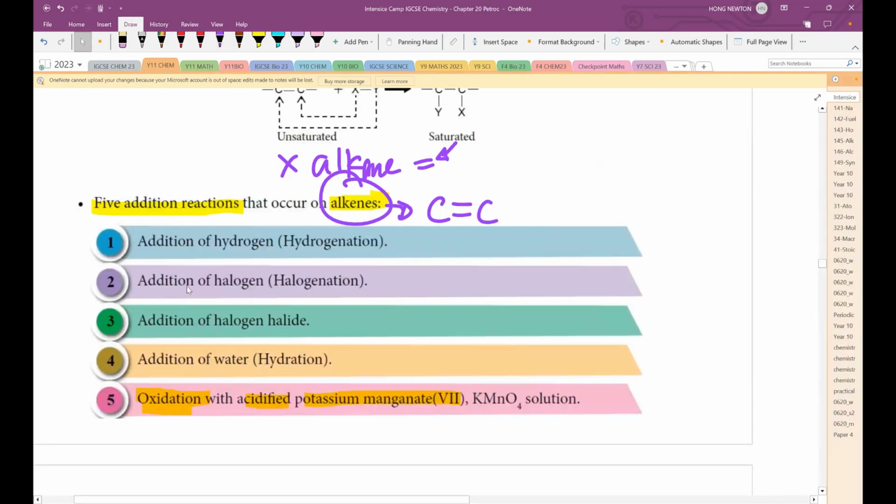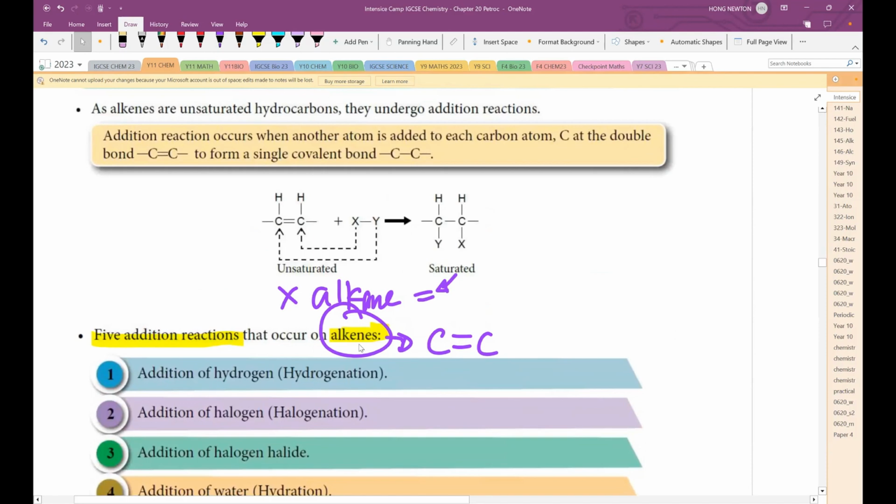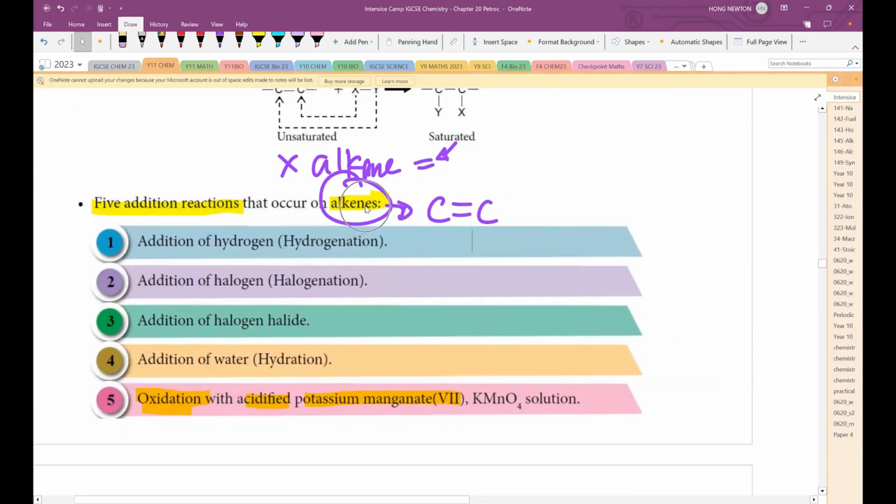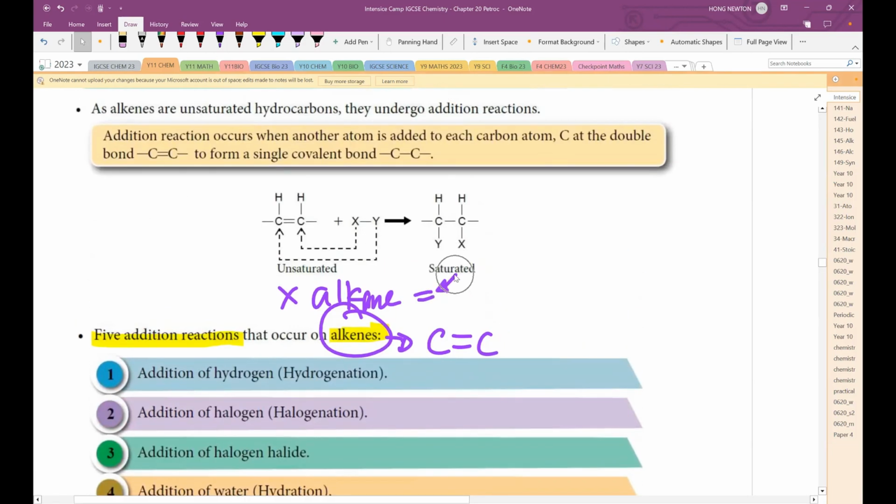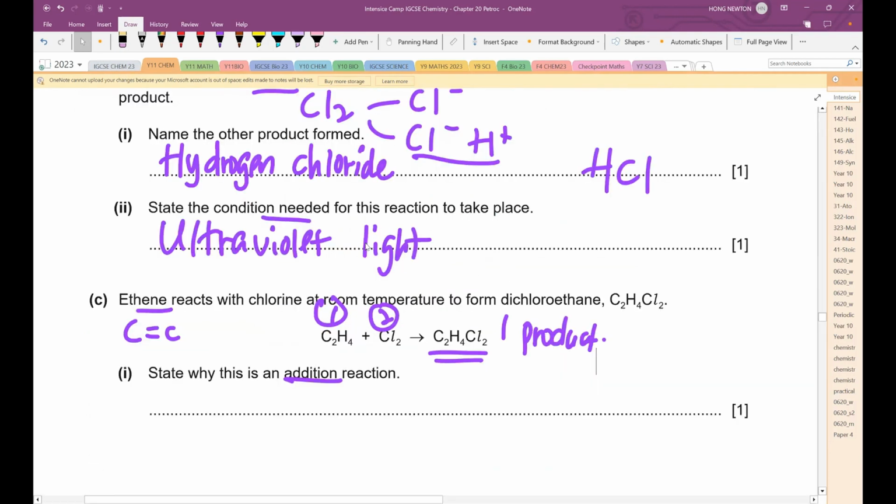So I suggest you go and read in detail about these 5 addition reactions that occur in alkene. Why alkene? Our teacher already explained, because they have at least one double carbon bond, meaning they are flexible to change to another form of product. Alkane cannot. Alkane is considered a saturated hydrocarbon, so it cannot change anymore, right?